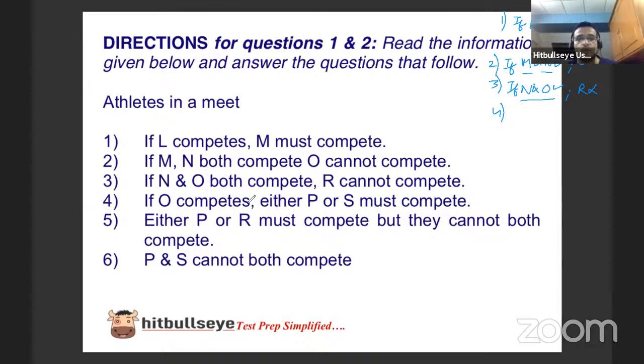If O competes, either P or S must compete. If O competes, either P or S must compete. Must is important. Either P or R must compete, but they cannot both compete. P और R में से एक तो एक करेगा ही करेगा. They must compete, मगर both cannot compete.